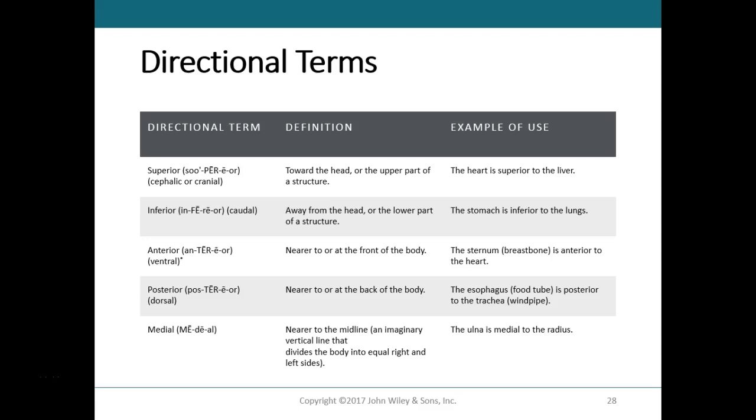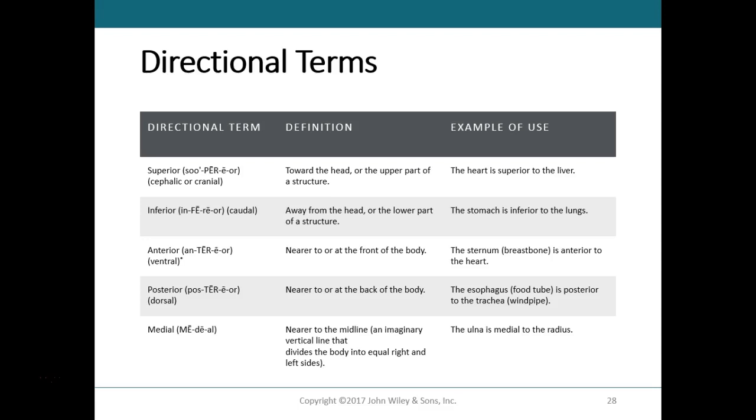So some practice using directional terms. Remember, superior is toward the head or the upper part of a structure. So the heart is superior to the liver. The way that I would encourage you to study these, when you're looking at these terms, look at drawings of the human body.